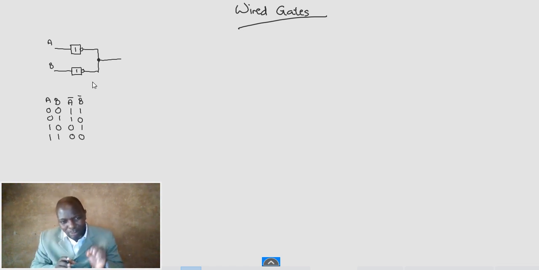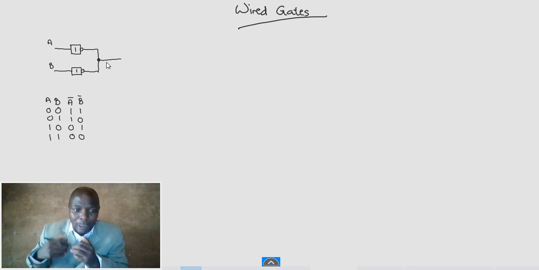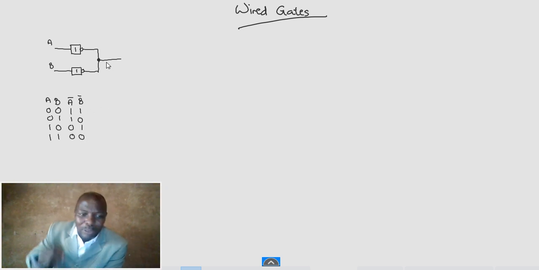The inputs were active high for an output to go high. In this case here, the inputs have to be active low. The inputs to the gate have to be low for this to be low. Okay, so this is an OR for the low condition.